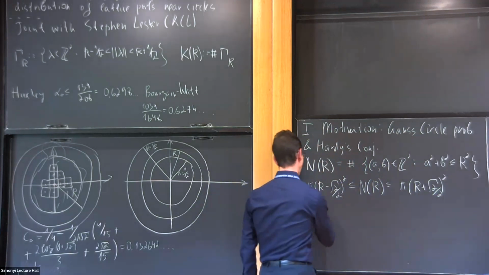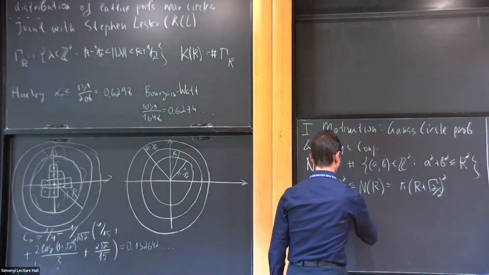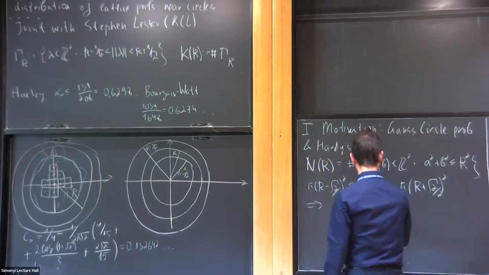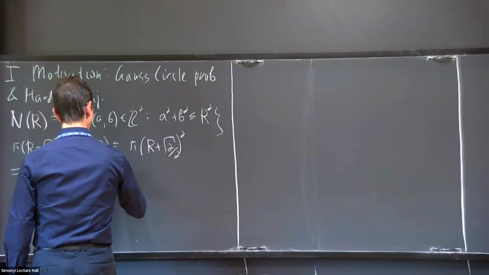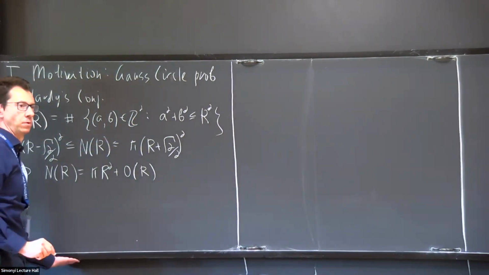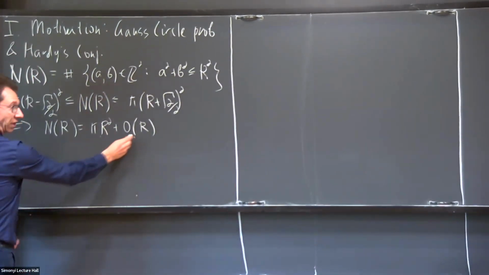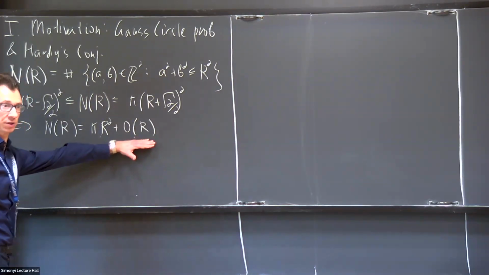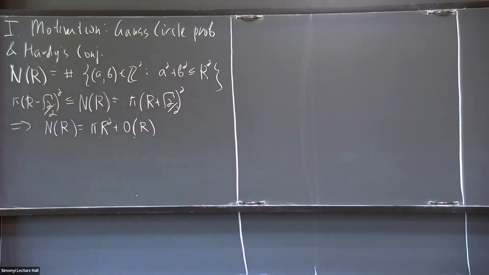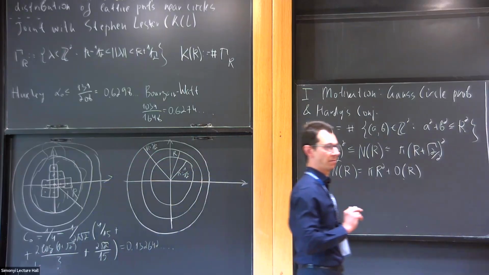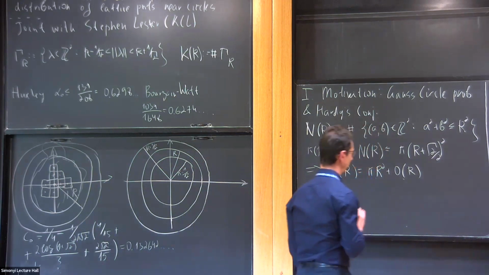That already implies that N(R) is the area of the disk plus big O of R. So this is the main term, this is the error term, and the error term is proportional to the circle length. This is a take-home message.